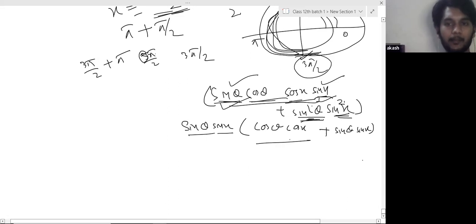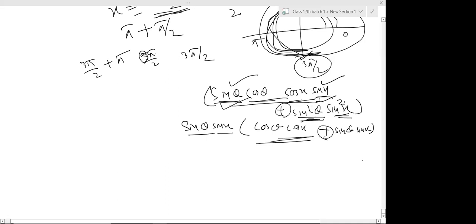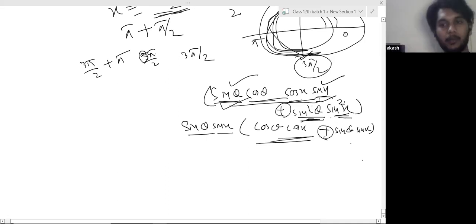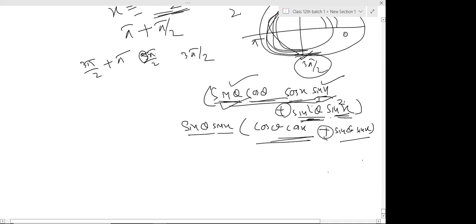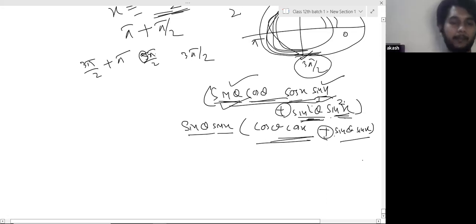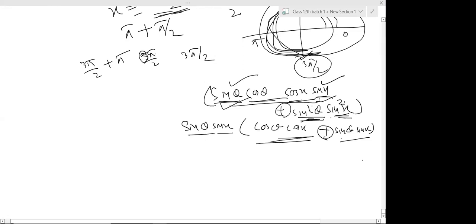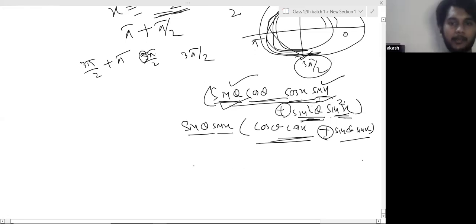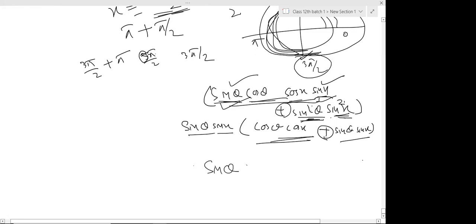Cos theta, cos x. And this is plus sine. And if you remove sine theta, sine x from here, what will remain? Sine theta, sine x, because we have two of them here. But how did you take the whole common, sir? Common from the matrix? See, this is sine theta, sine x.